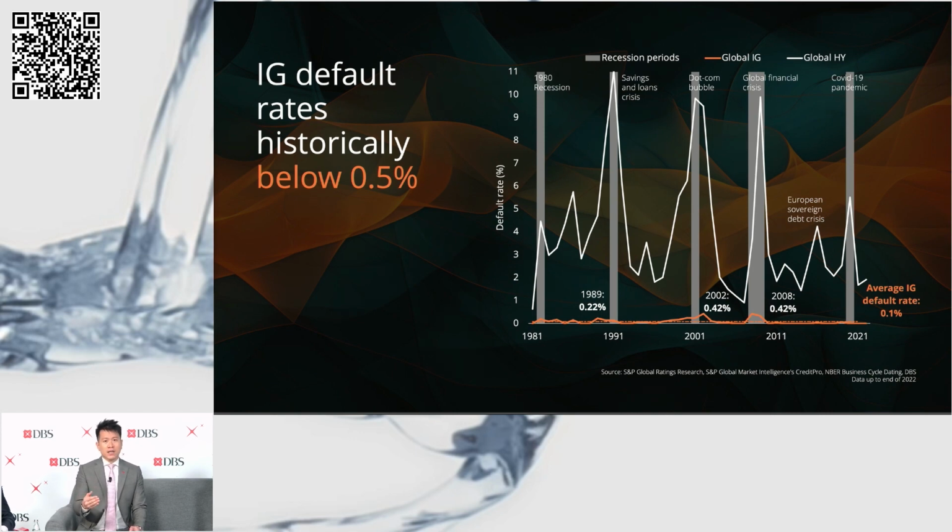Similarly, in the 2002 tech crisis and the 08 financial crisis, default rates peaked at 0.4%. Again, this is not large relative to the yields of 5 to 6% that you're getting on these bonds today. So investment grade credit has undergone some of the worst economic outcomes and is still able to provide you some stability for your income generating portfolio.